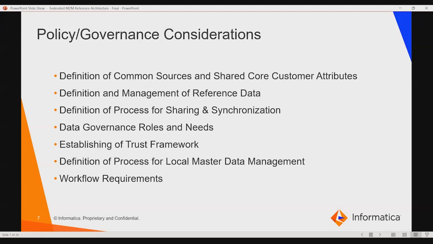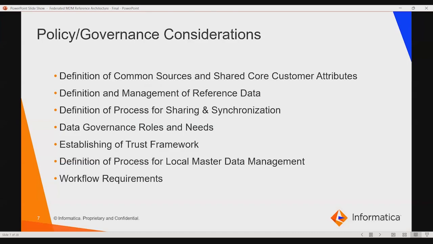You would probably have a subset of universal reference data, but at the same time, you would definitely have region-specific flavors in that reference data. So we need to define those, consolidate those, manage those, and filter out, come up with the best set of reference data that we can trust across the different geographical locations.